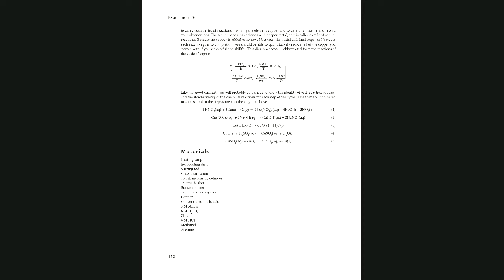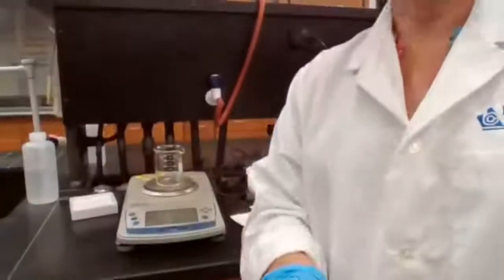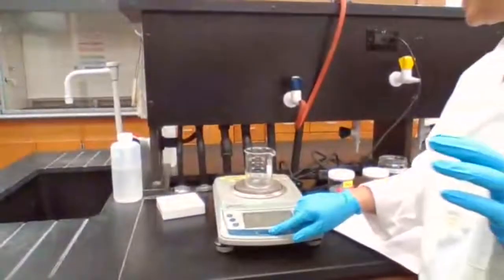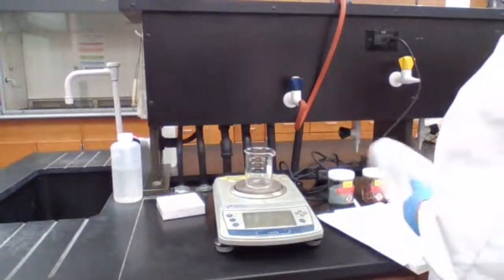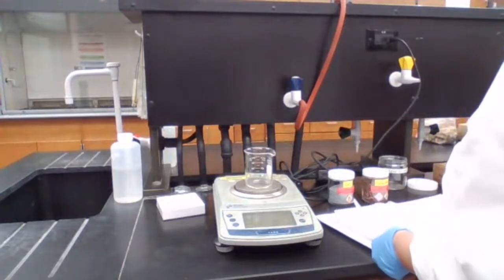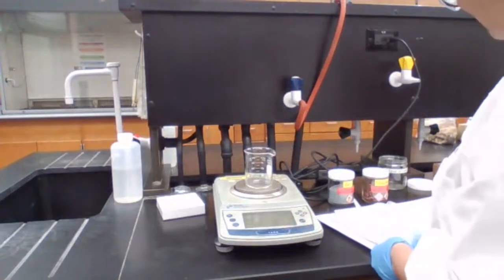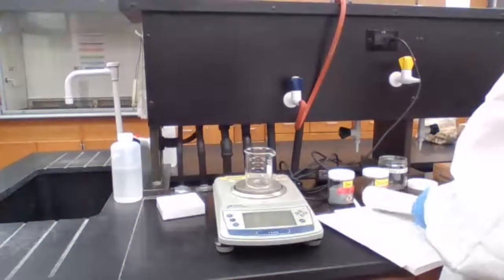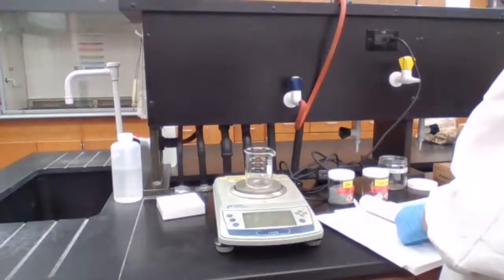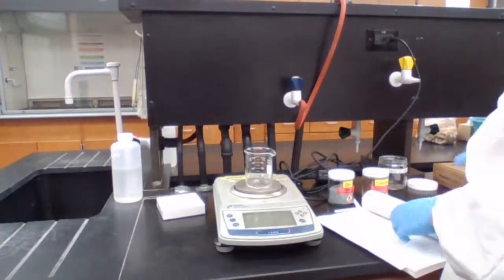So I'm going to start with the procedure for this experiment. The first part of this experiment, let me stop sharing the document so you could get full screen of the video. I'm just going to set here the mass of the beaker, because I always have to be careful with the data sheet. What do you need? The mass of the empty beaker.